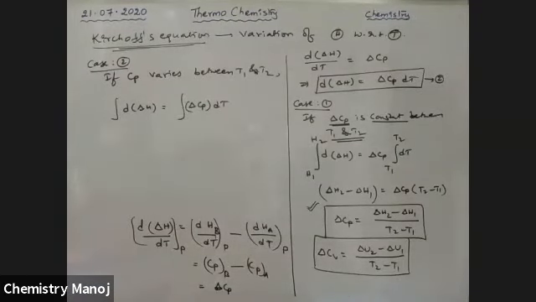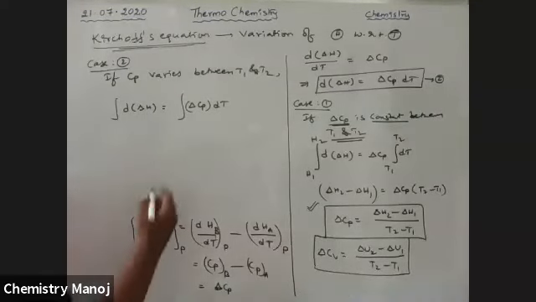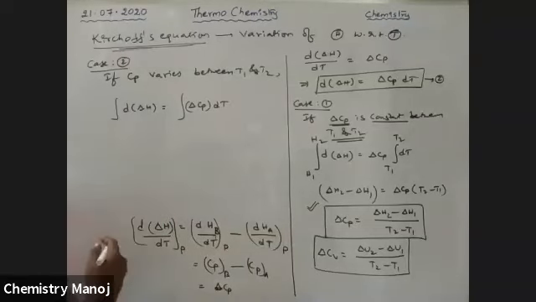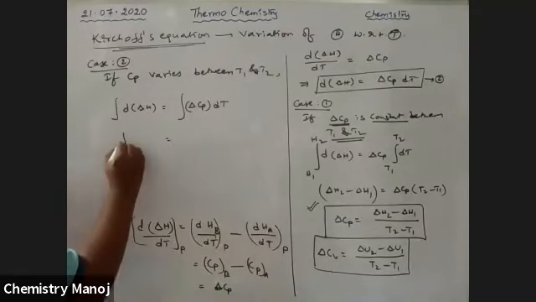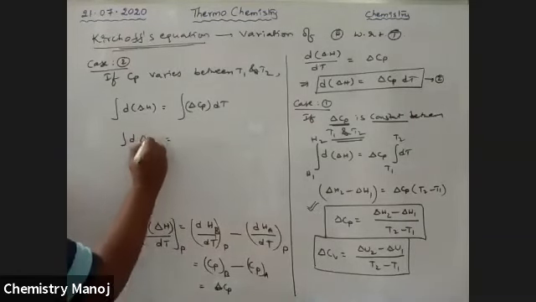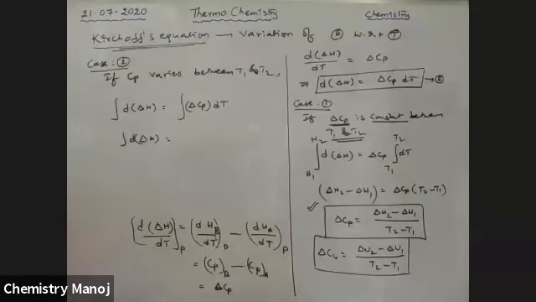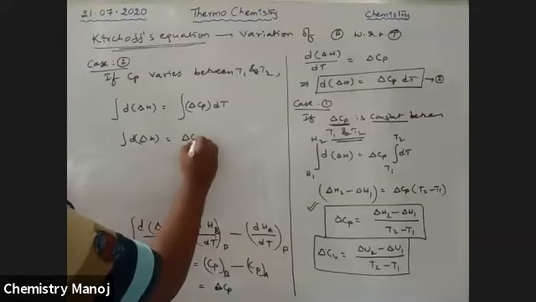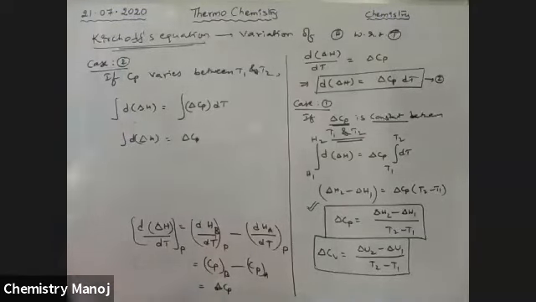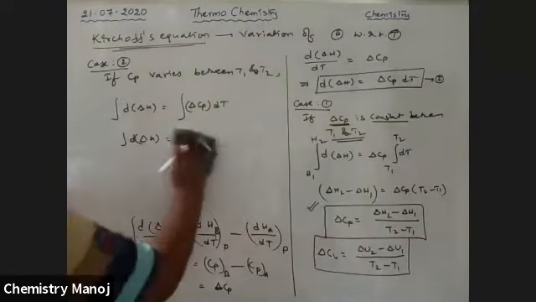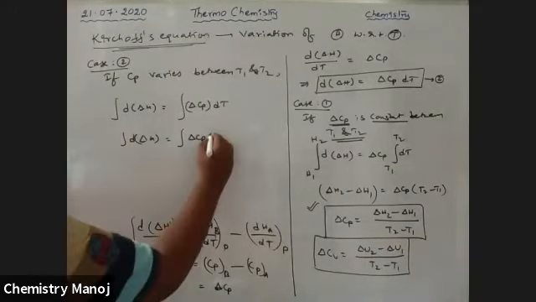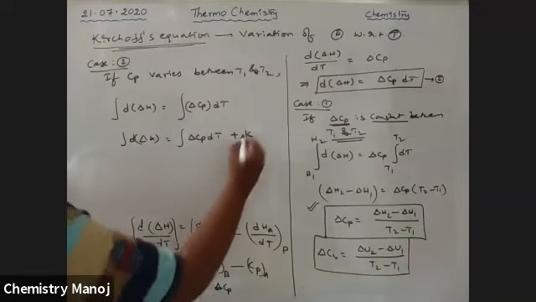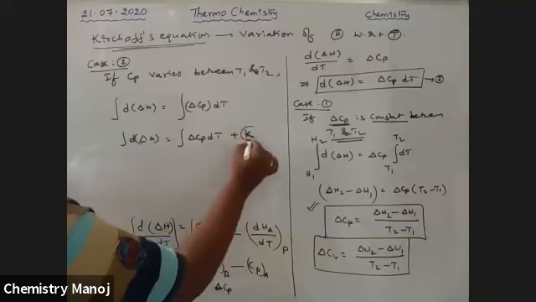Delta Cp dT. Since Cp values are variable, the integral of d delta H is equal to the integral of delta Cp dT plus constant K. It is the integral constant.